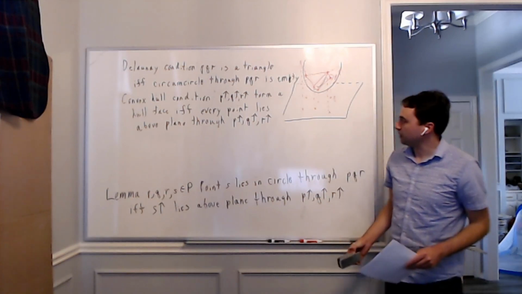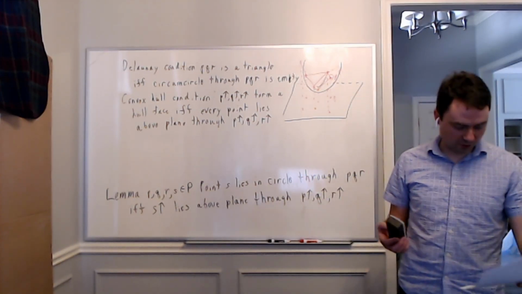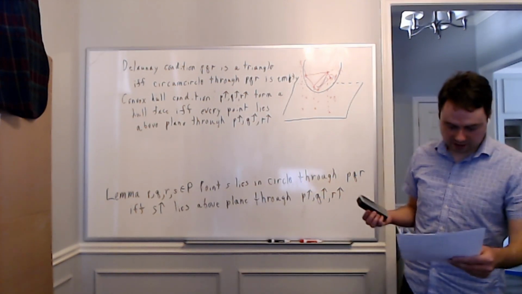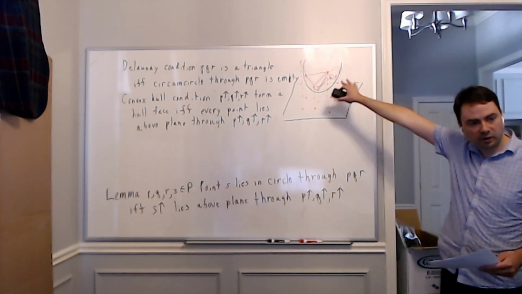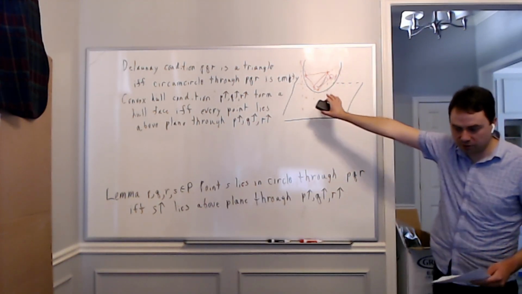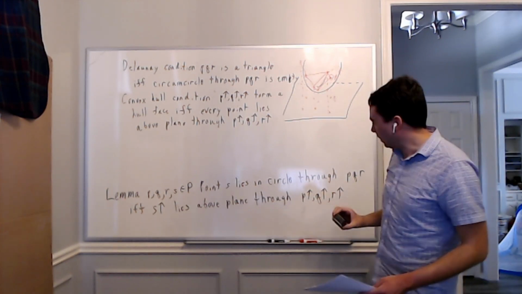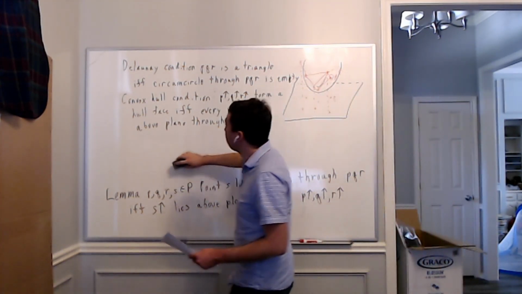So how are we going to show this? To show this, I'm going to establish some facts about points and planes that pass through this paraboloid. And then we'll use those facts in order to get to the proof of the lemma.